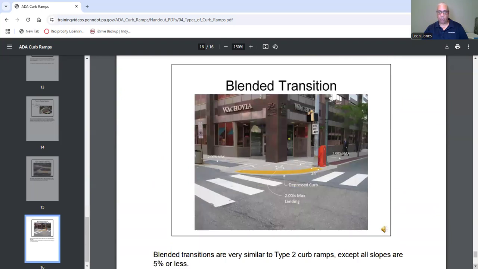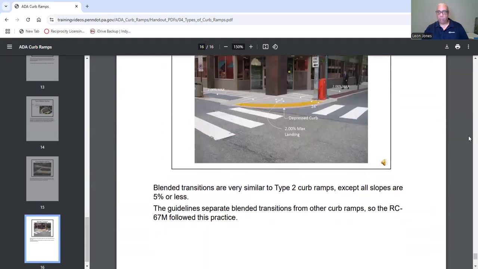And then you have the blended transition. Now, the blended transitions are very similar to type 2 curb ramps, except all slopes are 5% or less. The guidelines separate blended transitions from other curb ramps, so that the RC 67M followed this practice.